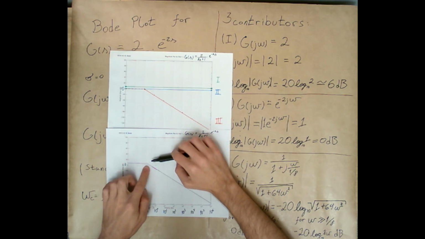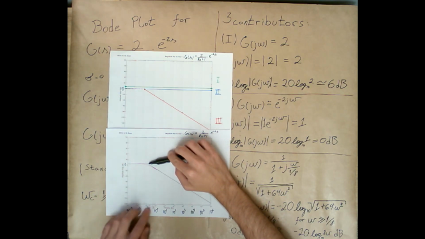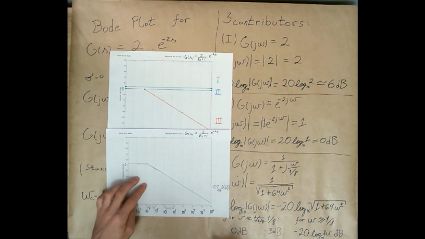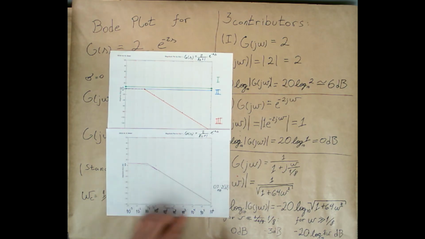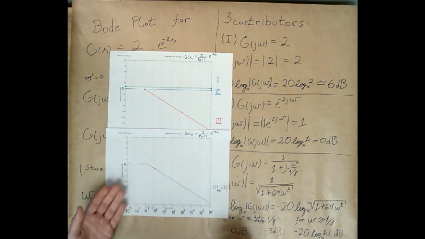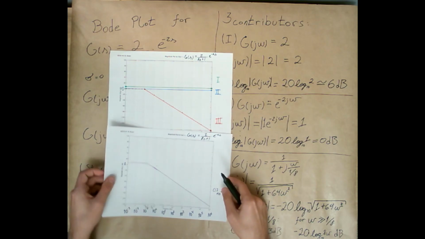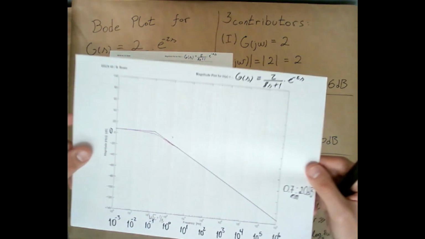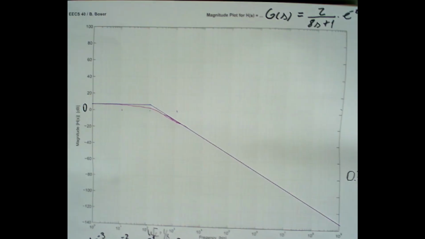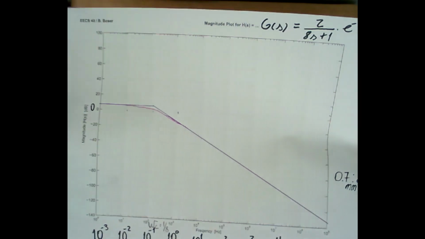Here we made an adjustment of -3 dB at the corner frequency, as we have mentioned before, and also at 1/10 of the corner frequency and 10 times the corner frequency we made another adjustment of -1 dB. But at the scale, -1 dB is less than 1 millimeter, so it's really difficult to see. But either way, this is the final version of the Bode plot for this G(s).